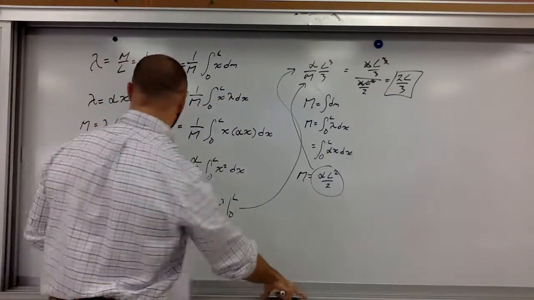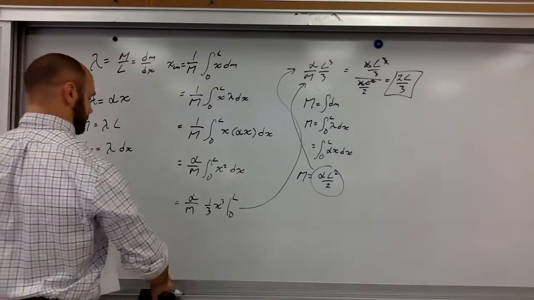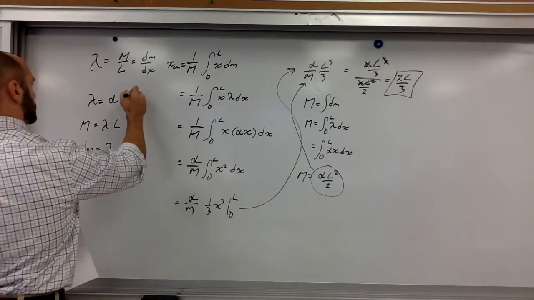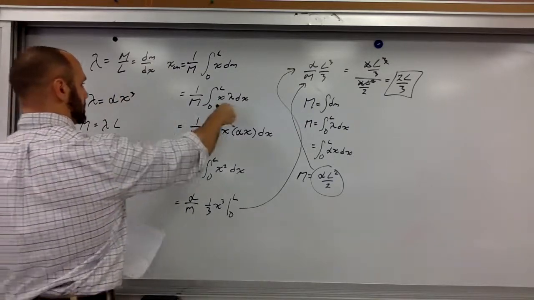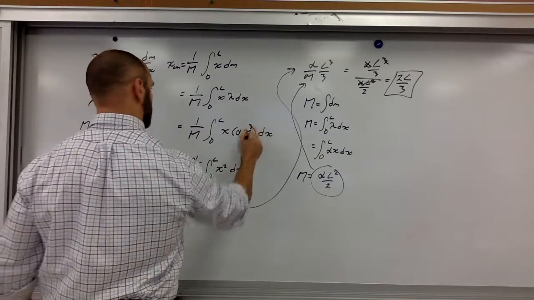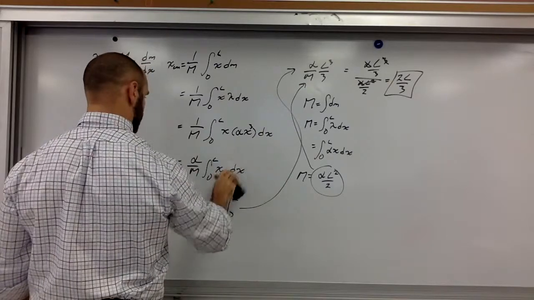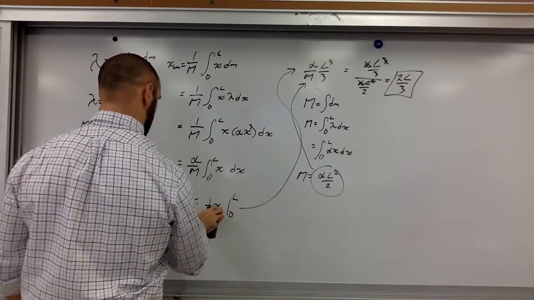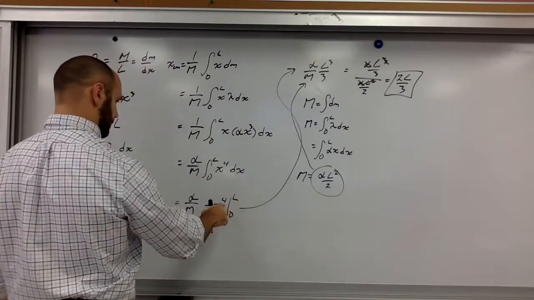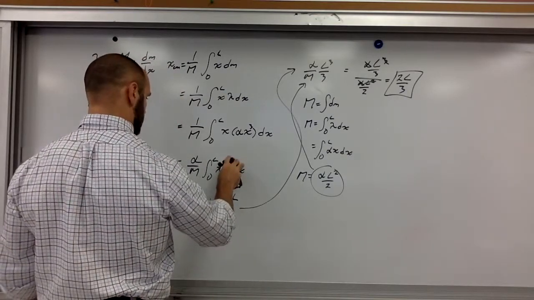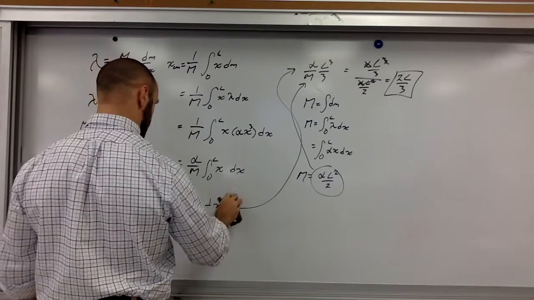But watch what happens if I change this to alpha x cubed. So this is alpha x cubed. So this is then x to the 4th, right? Now this is to the 4th, so this is going to be to the 5th.